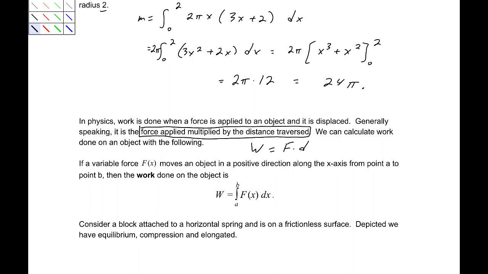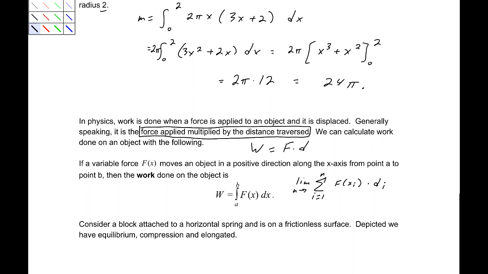Now, as an integral, we are going to individually add up the work done at individual points and then sum those up. I'm not going to show you the Riemann sum here, but really it's this: the sum from i equals 1 to n of our force, F of x i, times delta x i, the distance, and then we take the limit.